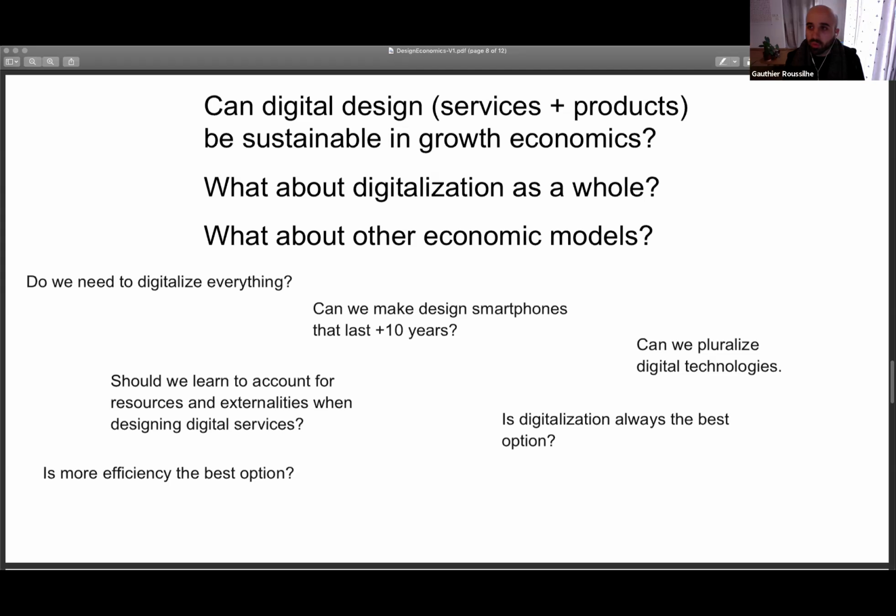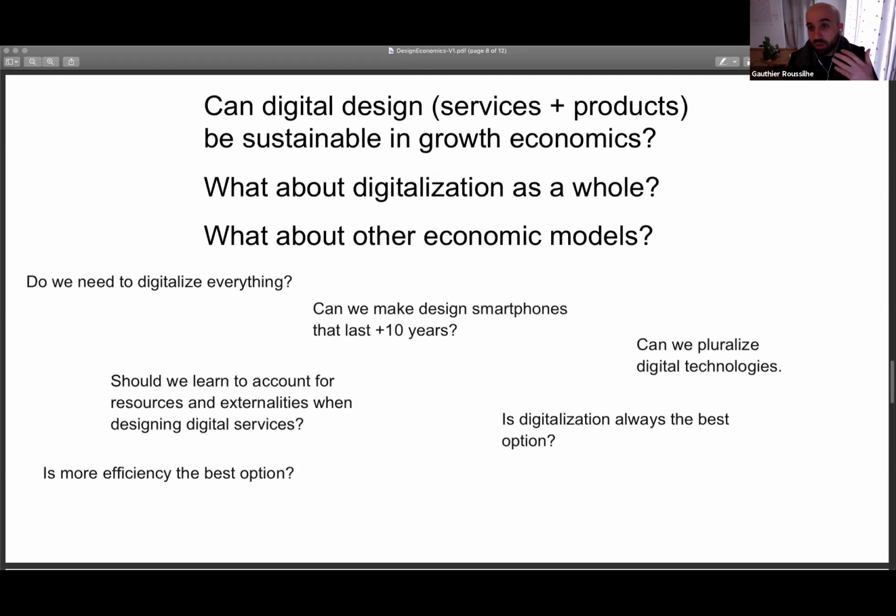Yeah, and to go in that direction, the fact that we don't really see what can be the most sustainable choice in terms of designing digital services makes it very easy to greenwash. It's very easy to do a very nice greenwashing by doing a sustainable website, or by claiming to do some kind of sustainable website.